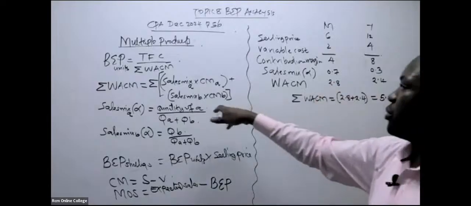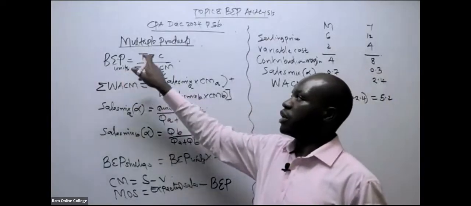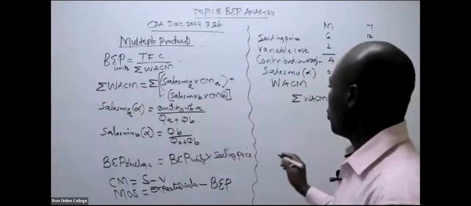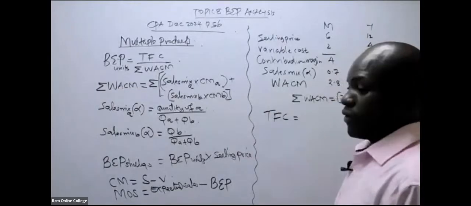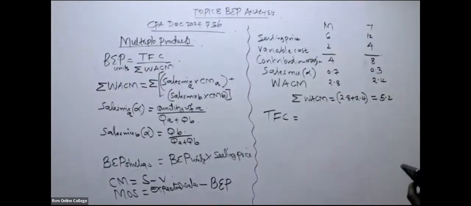So what are we lacking in our formula? For us to be able to get break-even point in units, we now need total fixed cost. Do we have total fixed cost? We are given fixed cost per product.